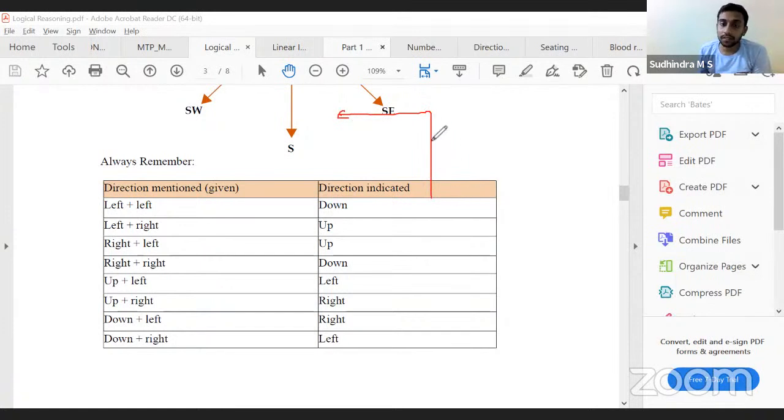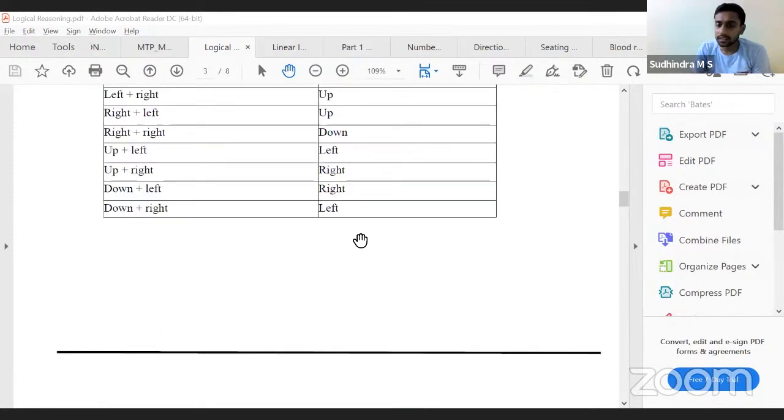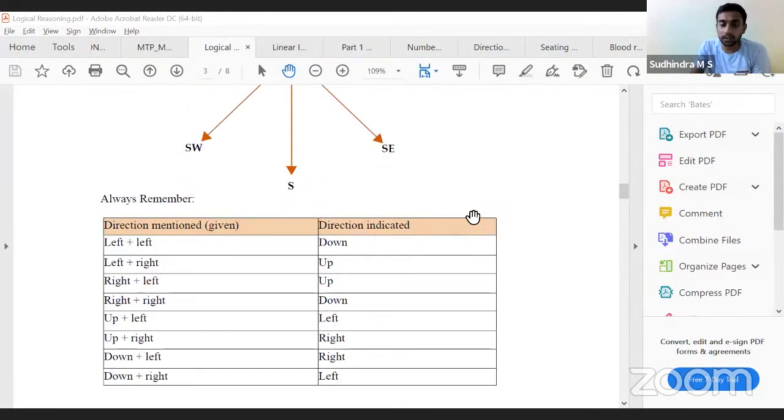He's traveling up and then taken a right, means he's traveling right. Down left means right. Down right means left. That's reverse. He's traveling down. Now he's taken a left, for us he's traveling right. The reverse.